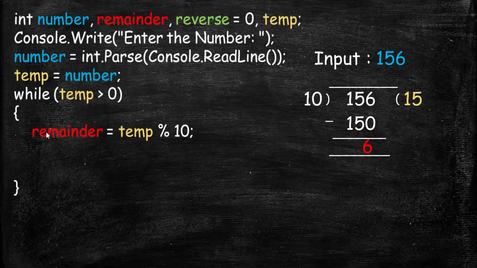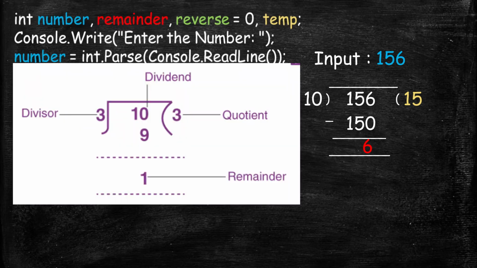So our remainder will be 6. In this division, the 10 is called the divisor, the number 15 is called the quotient, and the number 6 we get is the remainder.